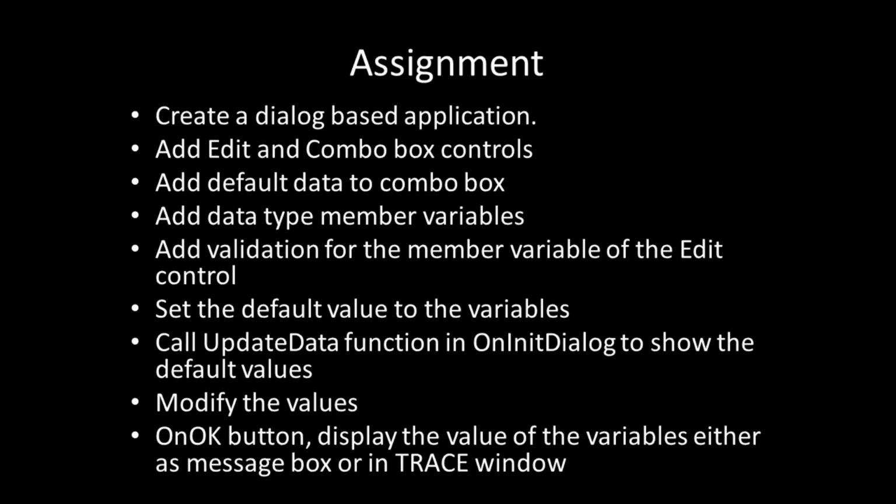The values that are set get displayed once the dialog appears. Then modify the values and on OK button display the value of the variables either as a message box or as a trace message. Okay. So how to give a trace message we have already seen in the previous assignments. So if you are not sure, you can just go back to my previous videos and see how to do that.